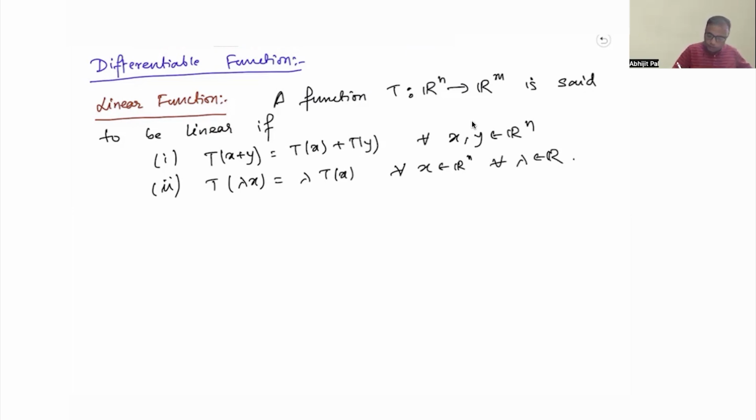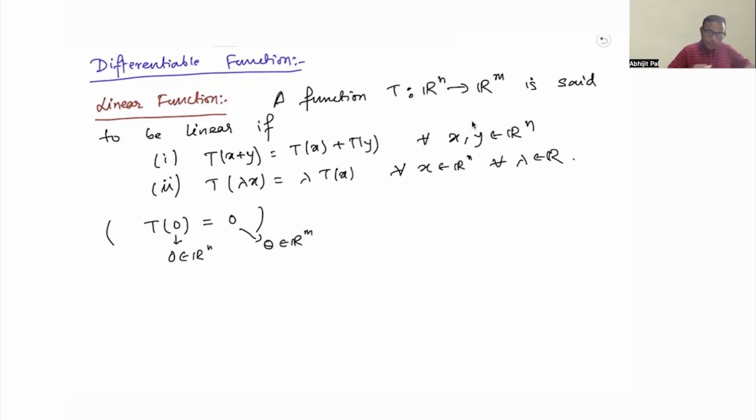Okay. Note that you can check this: T(0) = 0, where the 0 inside lies in R^n and the 0 outside lies in R^m. This is very easy to check from the property of a linear function.